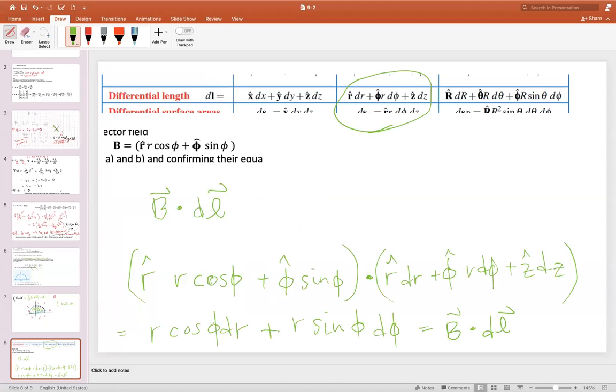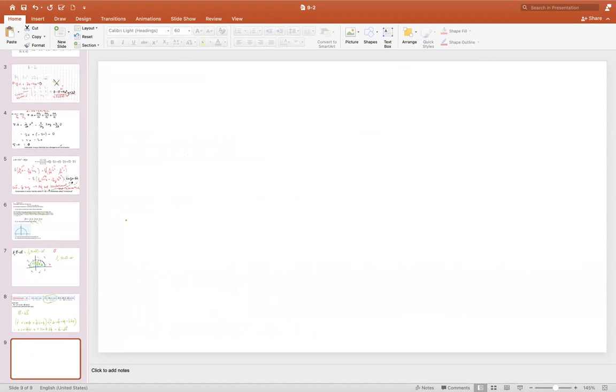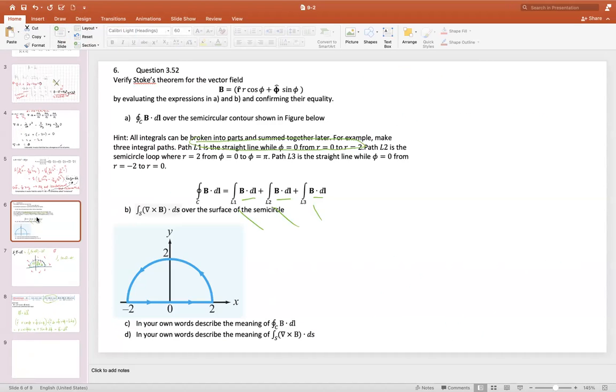Yeah, so let me show you. We can look at this again for another minute if you would like. Okay, so now we've performed this B dot DL, and so we have 3 integrals we want to do.